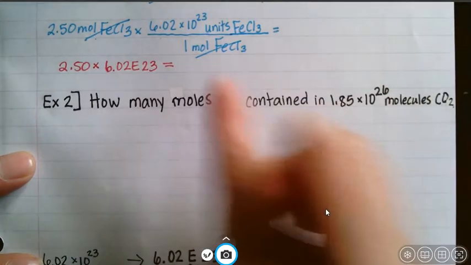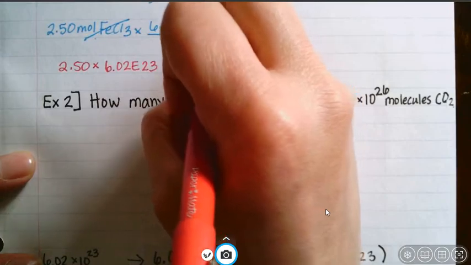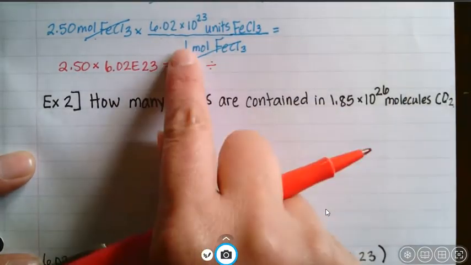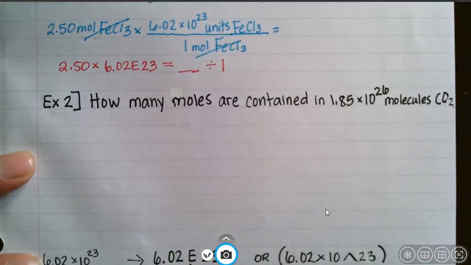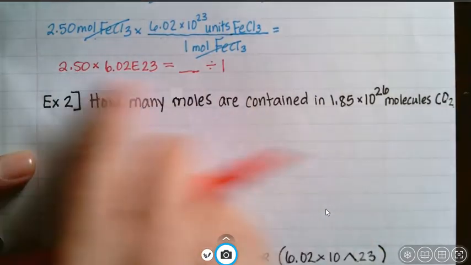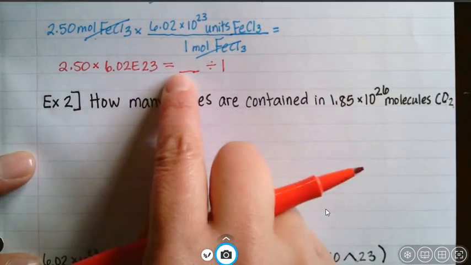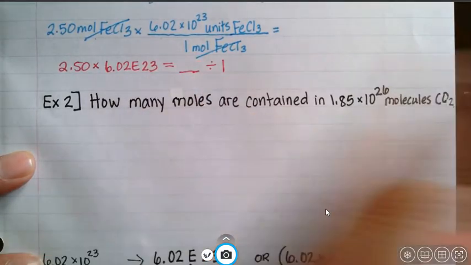Then I would take whatever number that is and divide by the bottom number. In this case, I'm dividing by 1, and so it's really not necessary, but later you'll see that it does become numbers other than 1. So be very careful. Whatever this answer is here, I divide by the number here. So divided by 1.